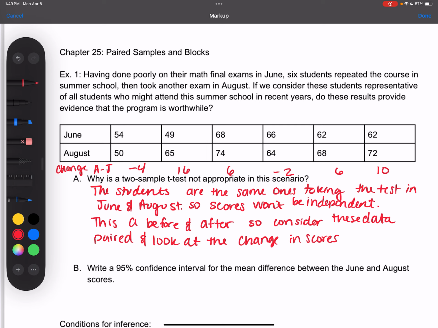So write a 95% confidence interval for the mean difference between June and August. So you're going to need to create a list with the differences. Since we've already done it, you don't need to do each of these in a list, just the bottom row here where we did the change. You'll need a list for that, and run one variable stats on it.